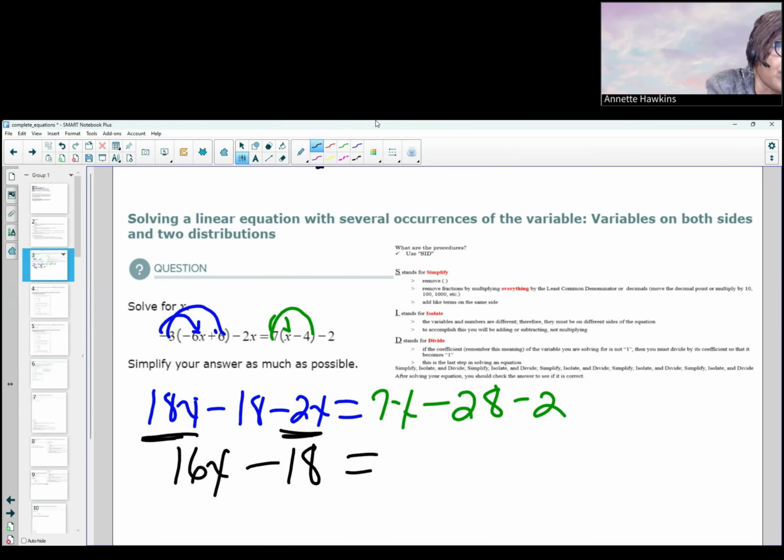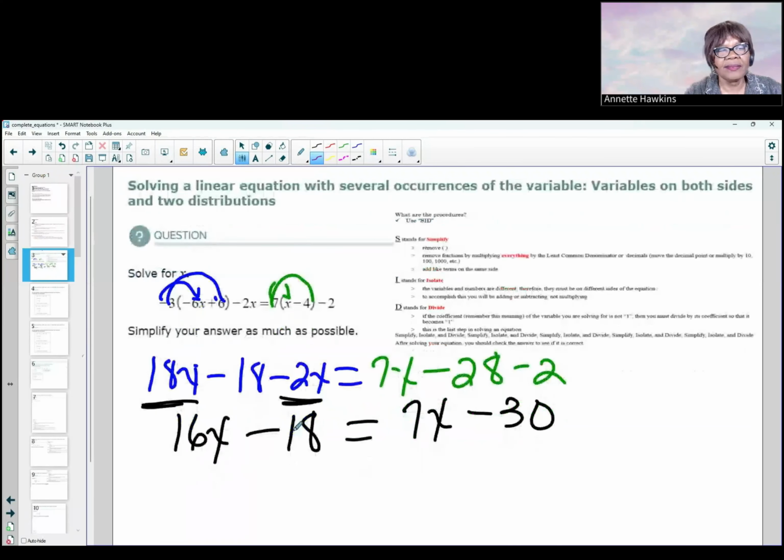Now, if you can't remember how to do that, I would change my signs. So this is 7x minus 30. Okay, let me see if there are any questions about that. So we have condensed the left side and the right side down to a maximum of 2 terms. If you have more than 2 terms, you haven't finished simplifying.